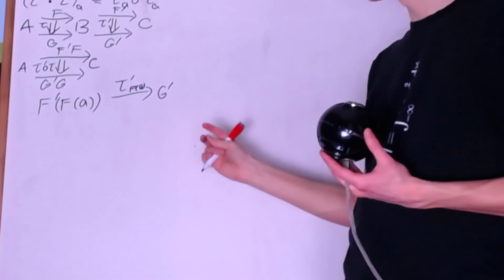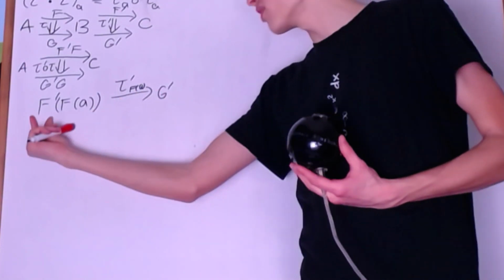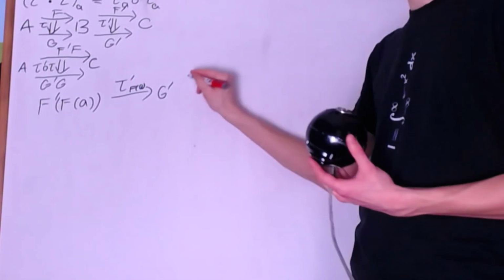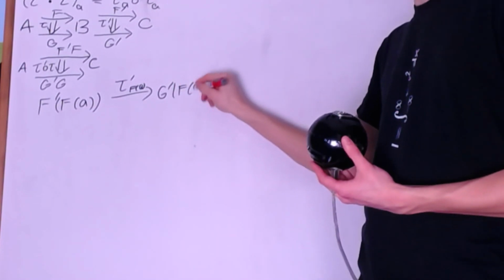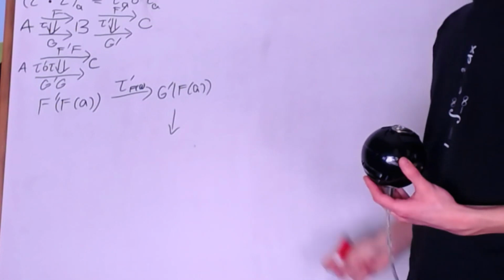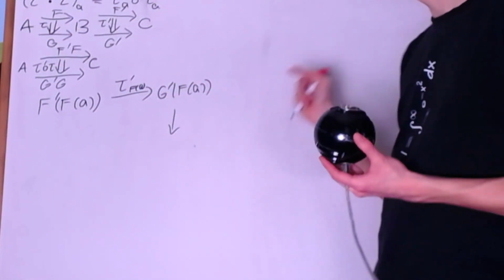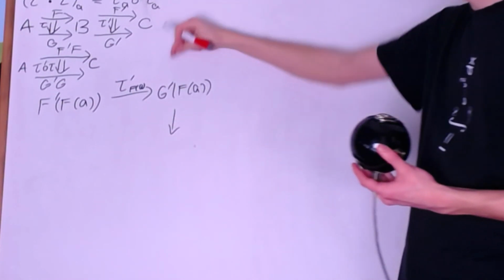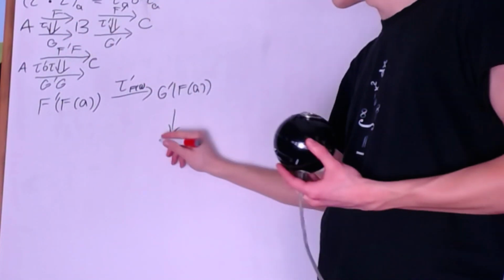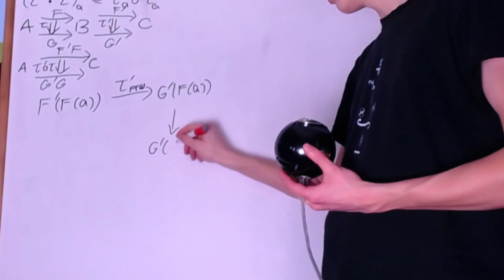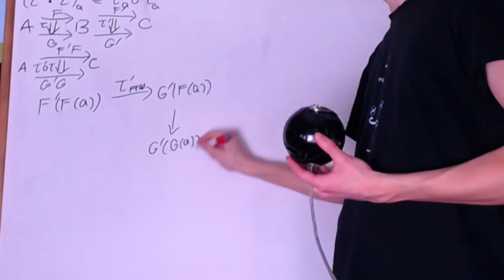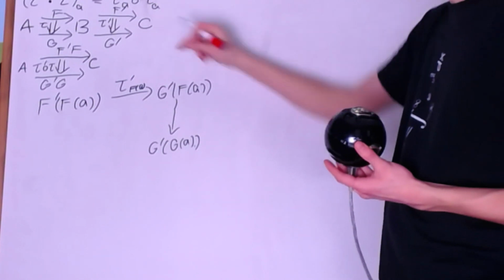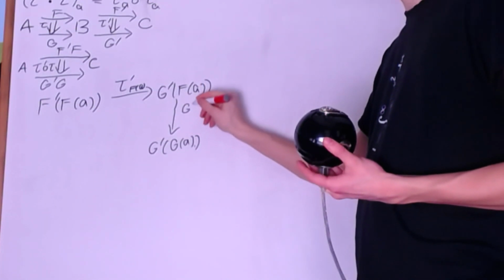So this is the morphism. It'll convert f prime to g prime, and the input stays the same. So I remain with an f of A. And then, using tau, the normal tau, not tau prime, I can convert f to g. So I can have g prime of g of A. But how would I do that? Well, the way I do it is I have to keep the g prime the same.